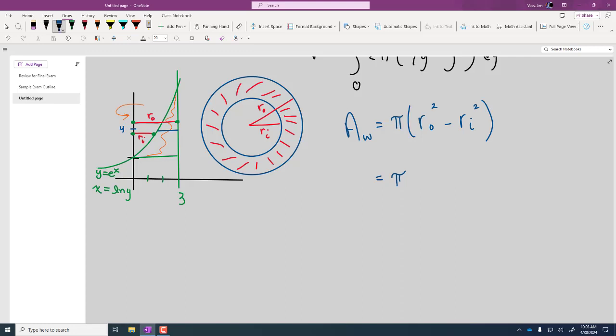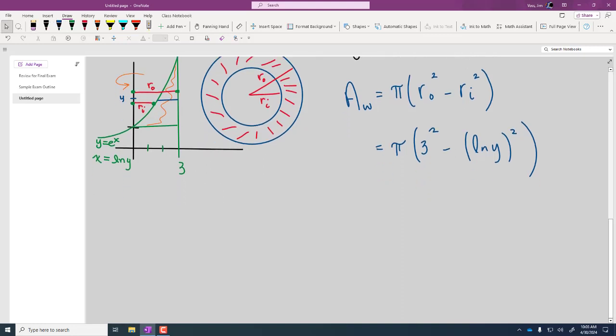Okay, so now we can plug stuff in. The outer radius is always 3. The inner radius is what we just found it to be. Quantity squared. So that is the area of the washer at a height of y.